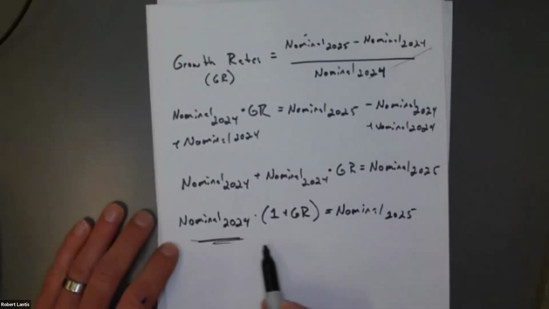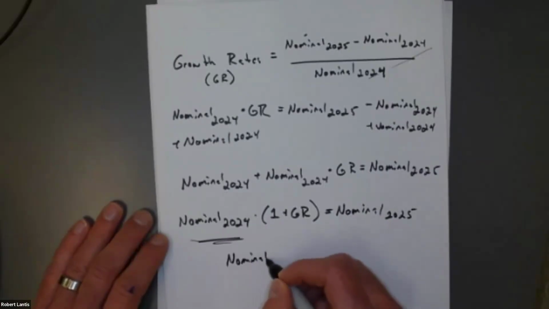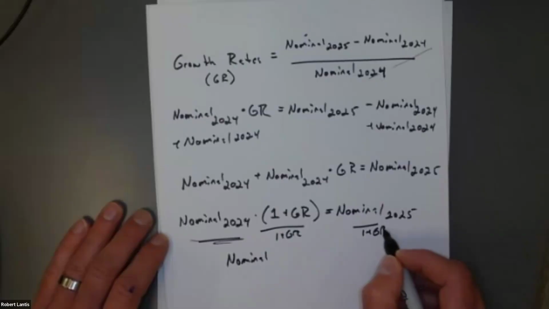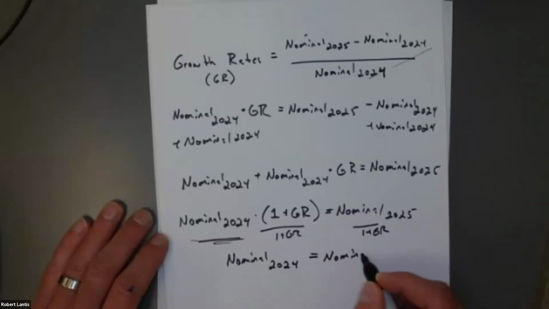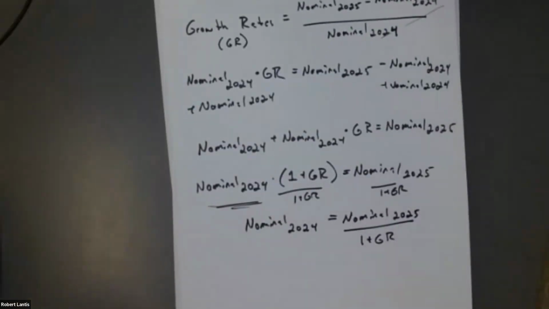Remember, the original question was, what is this value? So if I want that, I divide both sides by 1 plus the growth rate, and I get that my nominal GDP in that older time period was my nominal GDP in the current time period divided by 1 plus that growth rate. So hopefully this equation holds, right?